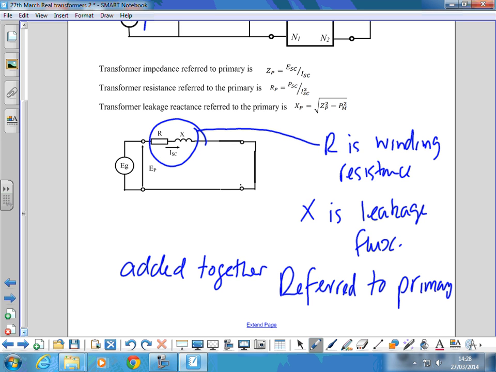So it's the primary and secondary referred to primary added together.